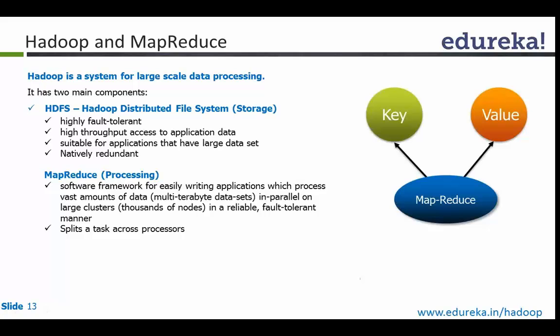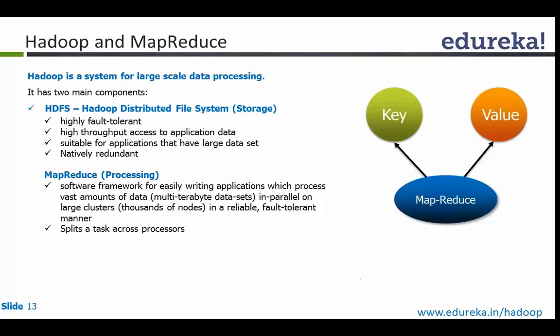Okay, so a little bit more insight into MapReduce. MapReduce is a technique where the job is split into smaller tasks so that it can be executed in a distributed fashion. When you split the bigger job into smaller tasks, it's more of a divide and conquer approach.